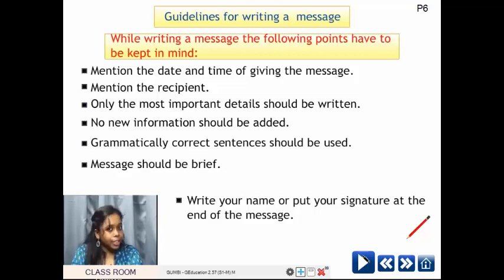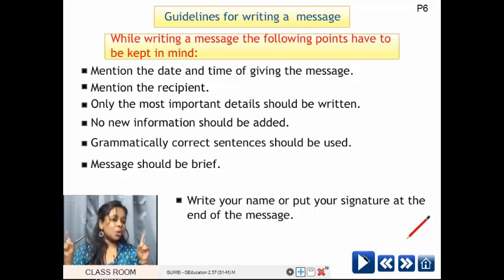Next time if you write, you will be clear, you will be brief, and you will write according to the format. Like first the date, then comes the time, then the name of the person whom you are writing the message, and the body should be to the point, clear, brief, no extra information, and grammatically correct, because we are learning English, isn't it?